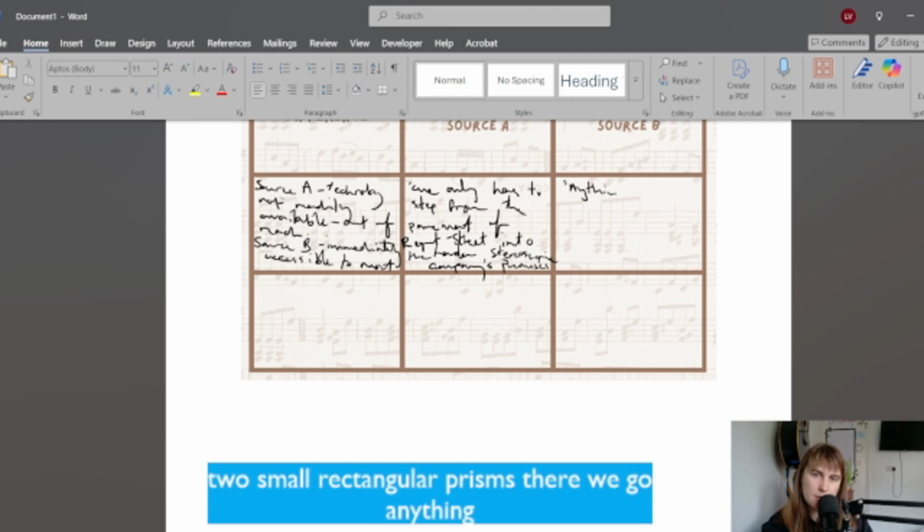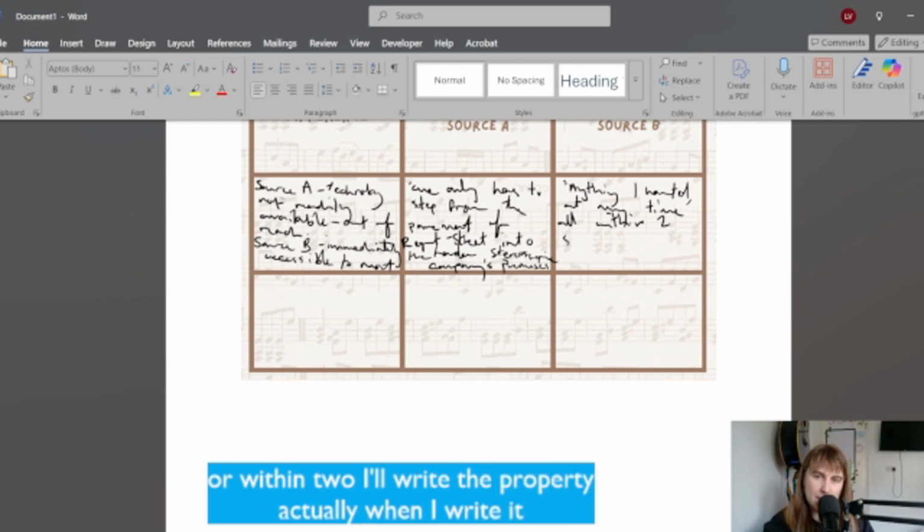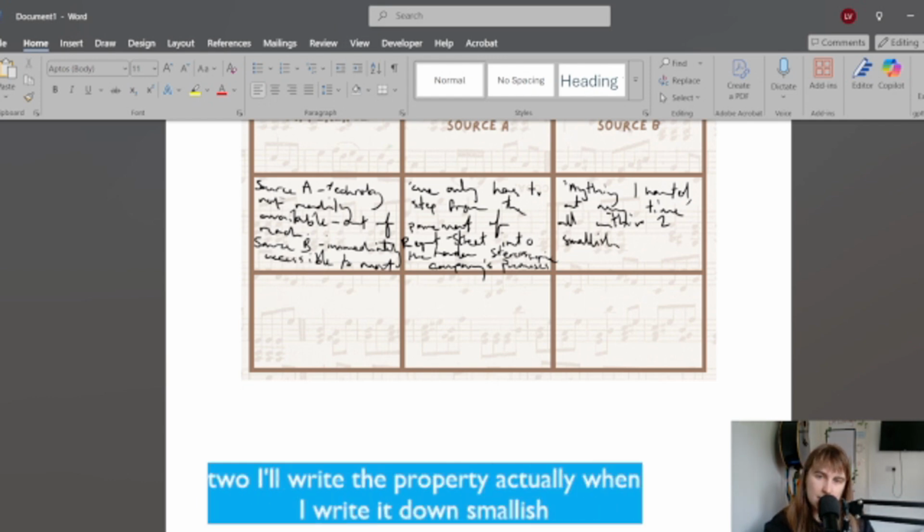Anything I wanted at any time, or within two. I'll write the proper two actually when I write it down. Smallish rectangular prisms.